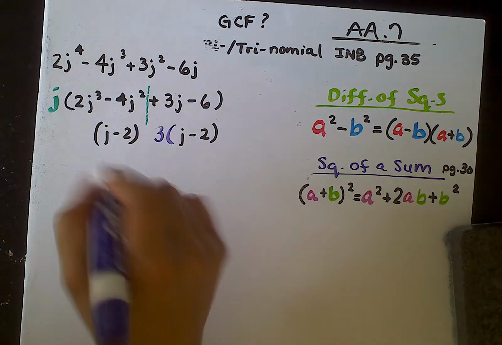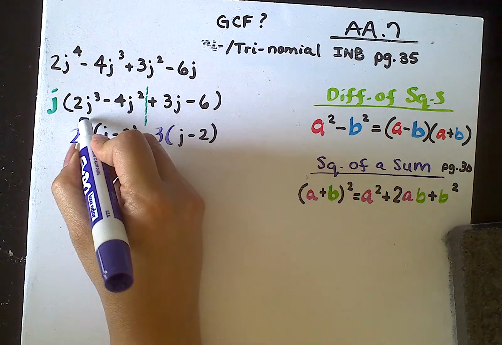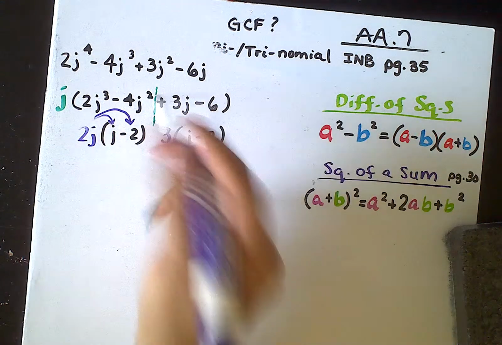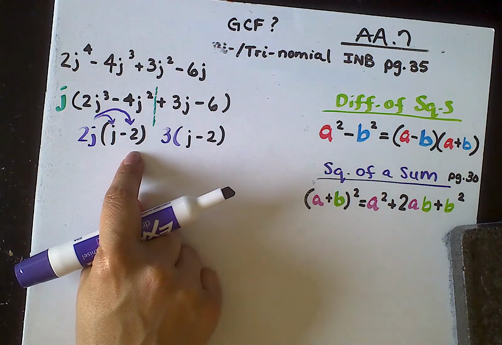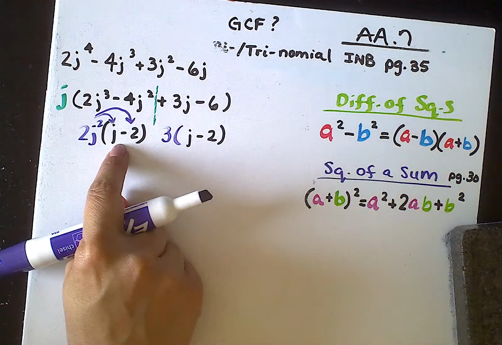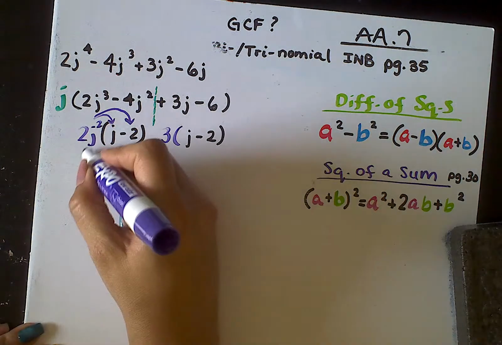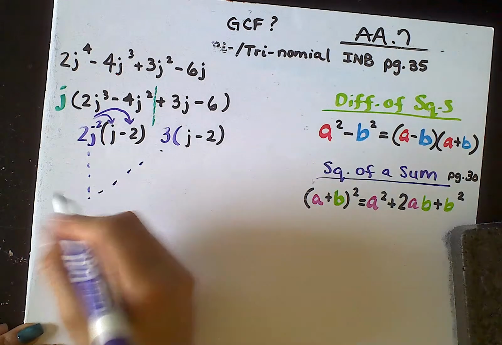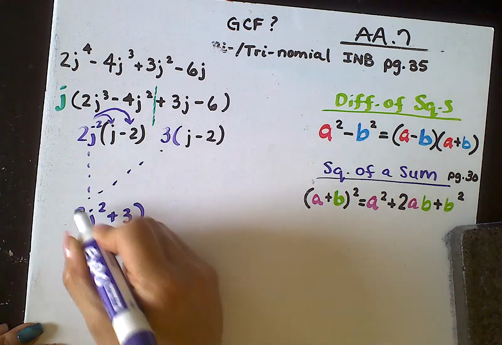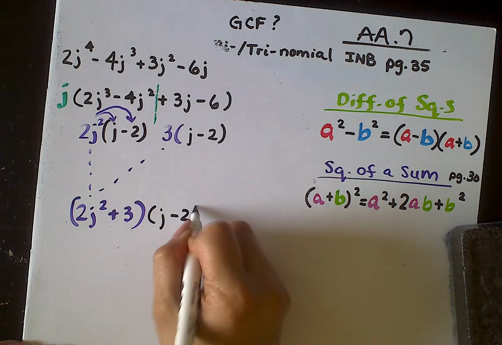And then I would have 2j cubed, and then minus 4j squared. Okay, perfect. So this is the way this one would look: 2j squared plus 3, and then j minus 2.